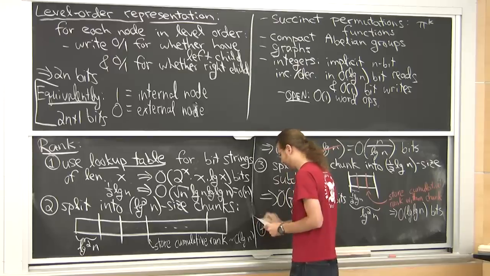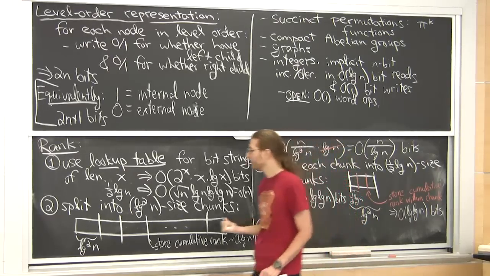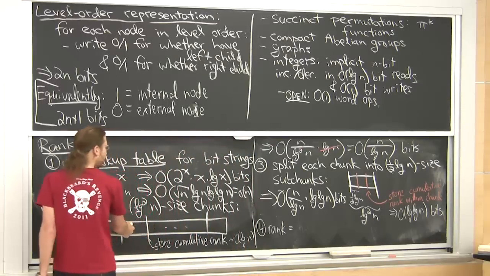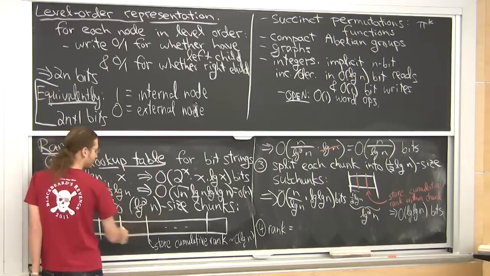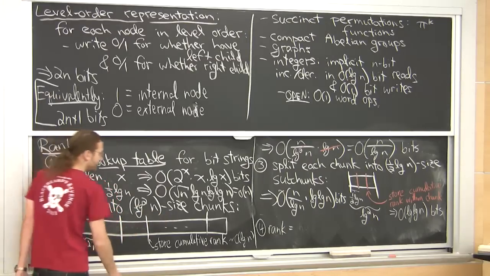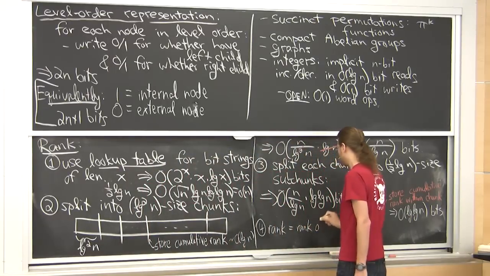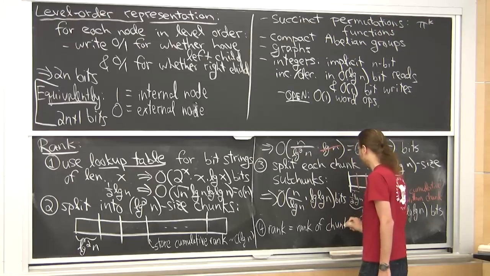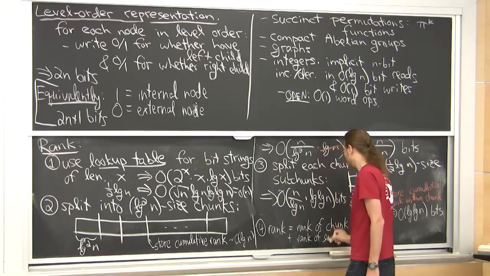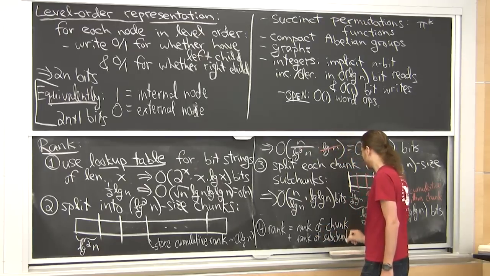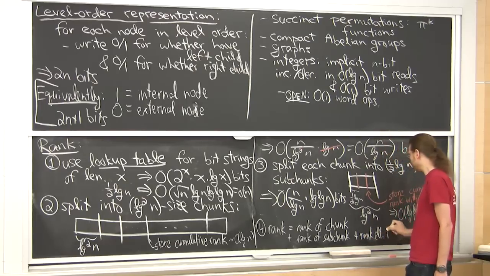So, step 4 is just putting everything together. To compute the rank of a query, first thing you do is figure out which chunk you fall into, which you can do by integer division. These things are stored in an array, so you just compute what is that cumulative rank. So you take the rank of that chunk, you add on the rank of the subchunk within the chunk, and then you add on the rank of the element in the subchunk.